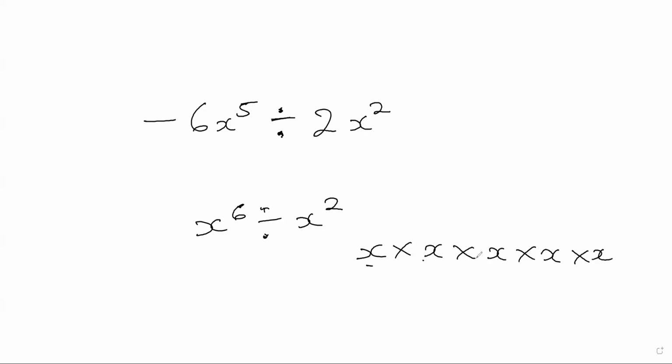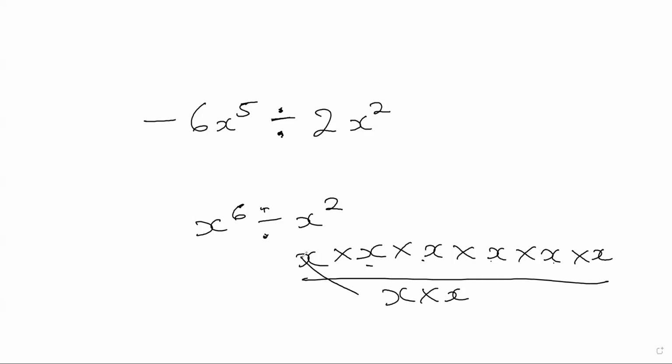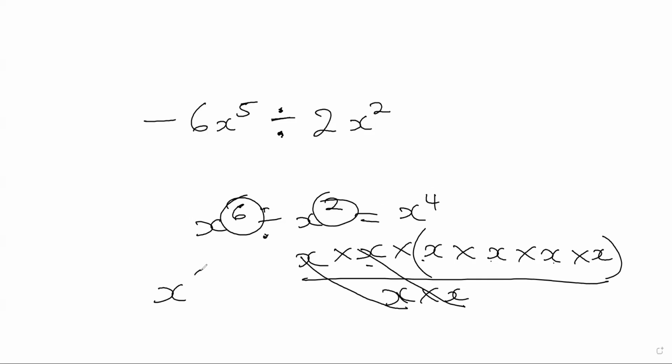So you have 1, 2, 3, 4, 5, 6, right? Divided by x times itself 2 times. So each one will cancel. So you have what? X to the 4th. So it's as if we are subtracting, because 6 minus 2 is equal to 4. And that's it. So try this one and then you can do.